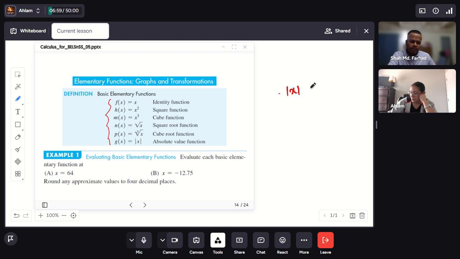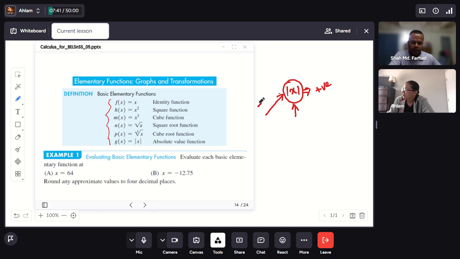So basically, what is the definition of absolute value? What does it mean? Simply, if you give it some values which can be positive or negative, then you will get the output as positive.